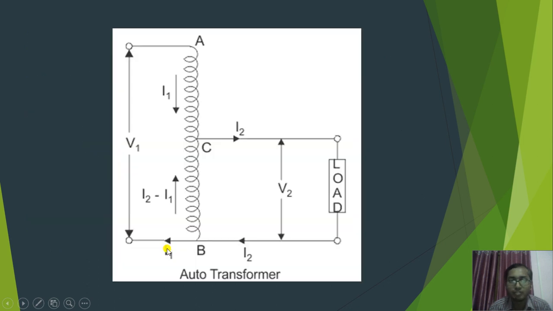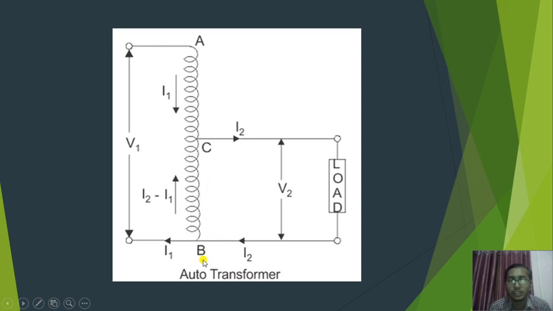Similarly, if we want to determine the voltage per turn on the secondary side, that is in BC, what will be the formula? We know that from C to B the number of turns is N2. So we multiply V1 upon N1, that is the voltage per turn, by the number of turns on the secondary side, that is N2.